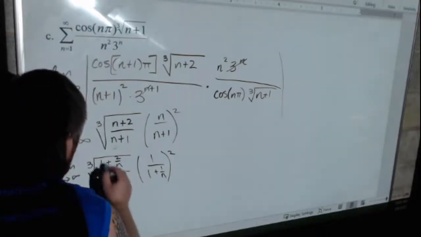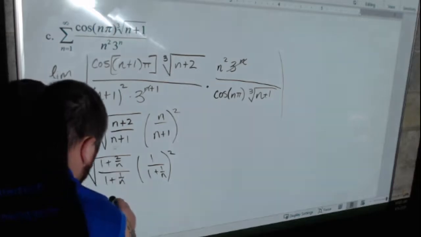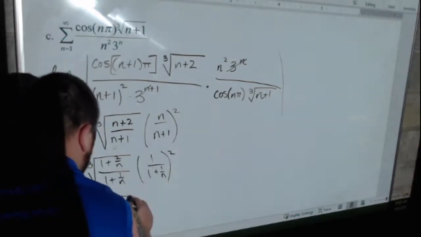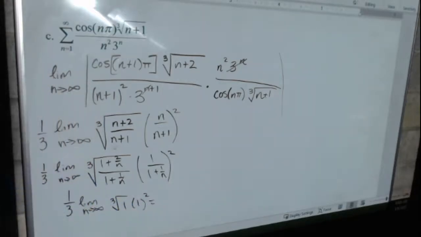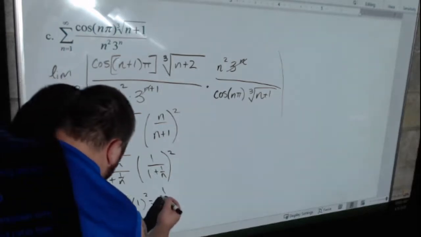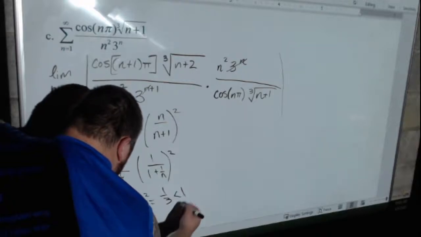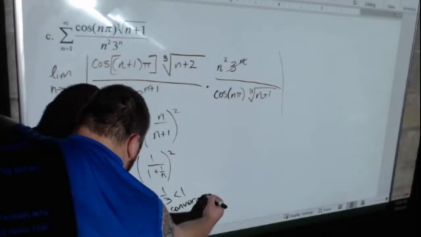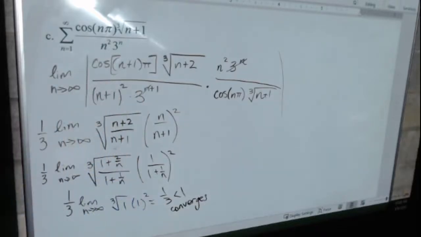So 0, 0, that means this is cubed root of 1. And this is 1 squared. All of which just going to give us 1. All times 1/3. That's less than 1, so we converge.